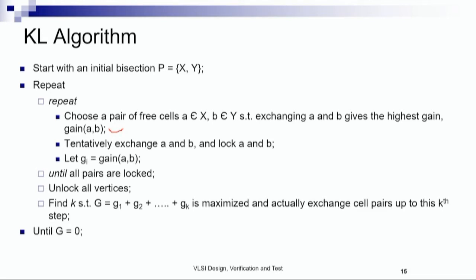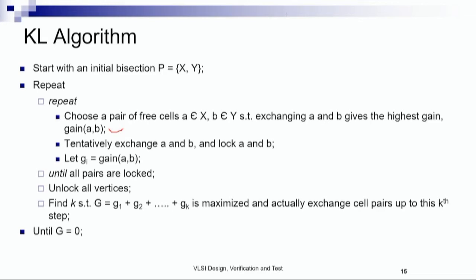We note the gain Gi corresponding to this exchange of A and B, and we do the same thing until all pairs are locked. After a pass within the inner repeat loop, we unlock all vertices, and then we find K such that G equals G1 plus G2 plus ... Gk is maximized and actually exchange cell pairs up to this kth step.